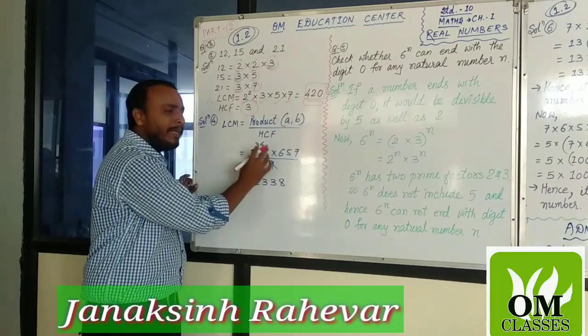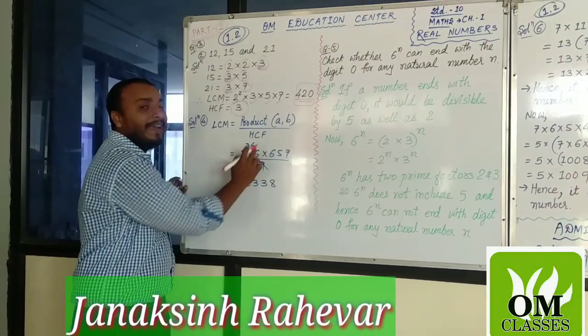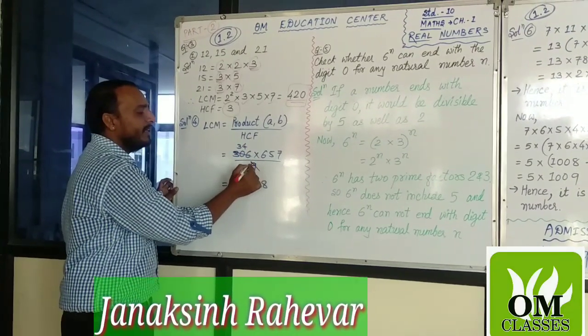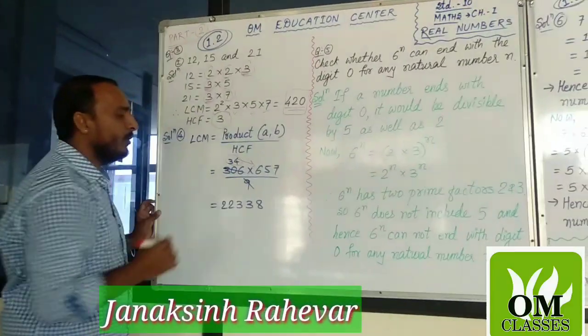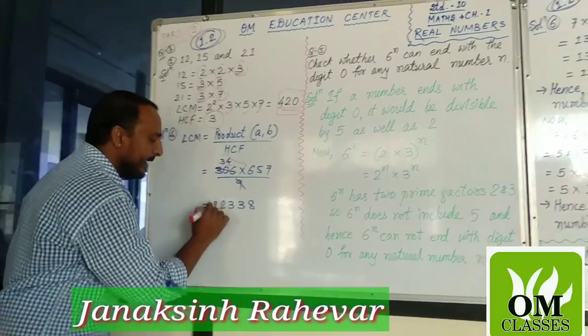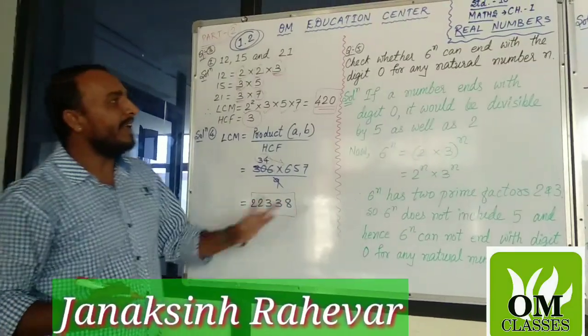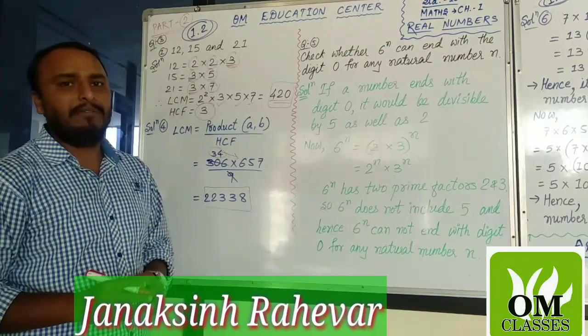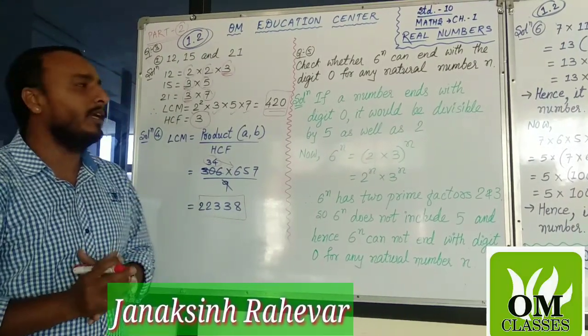So you simply keep the given two numbers and divide by HCF. Now when you divide 306 by 9, you will get 34, and when you multiply 34 and 657, what is your LCM? 22,338.